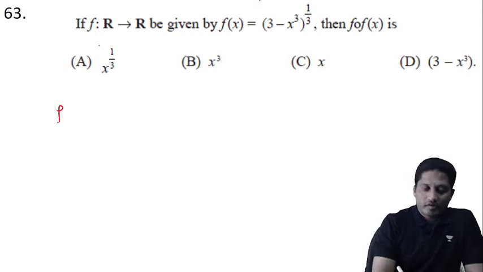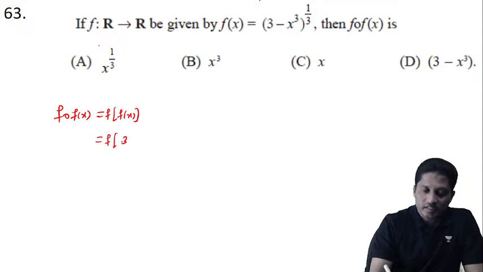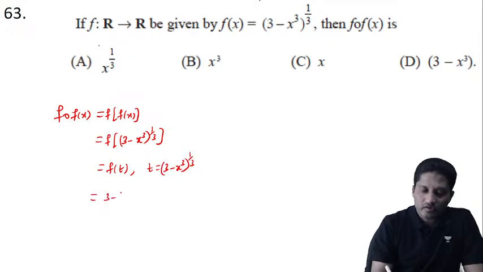Now if I want to find f circle f of x, f circle f of x is f of f of x. This inner f you keep as it is. f of x is equal to (3 minus x cube) whole to the power of 1 by 3. So this is f of t, where t is equal to (3 minus x cube) whole to the power of 1 by 3. f of t will be equal to (3 minus t cube) whole to the power of 1 by 3.